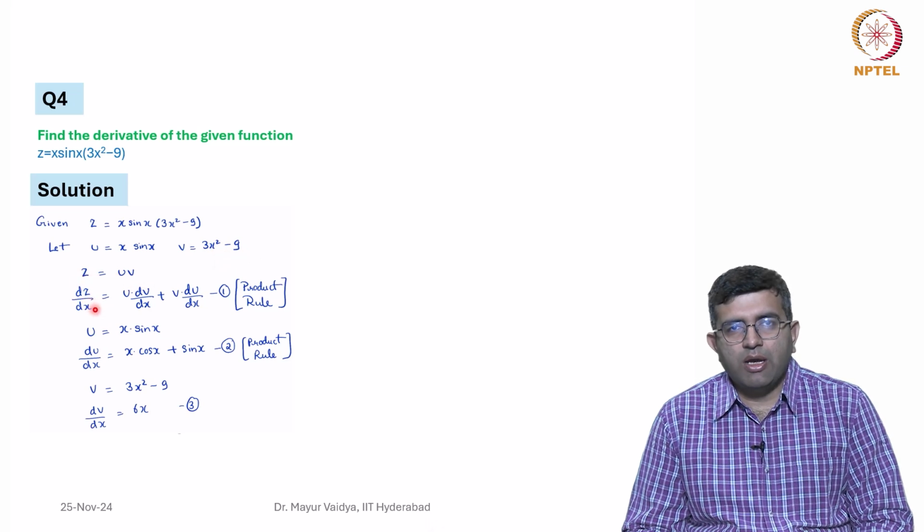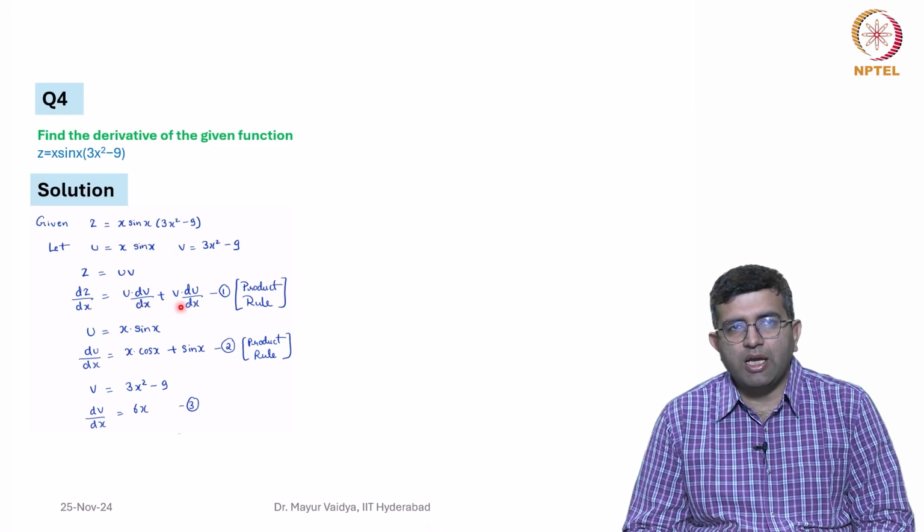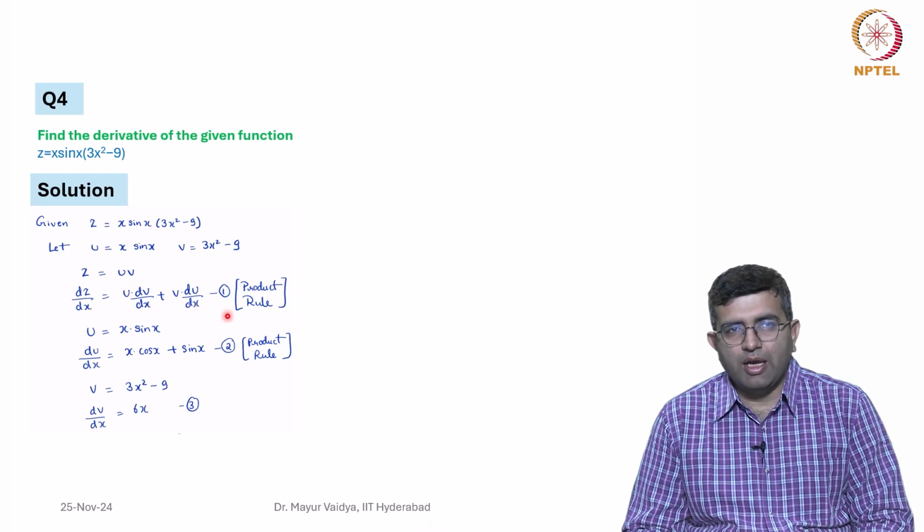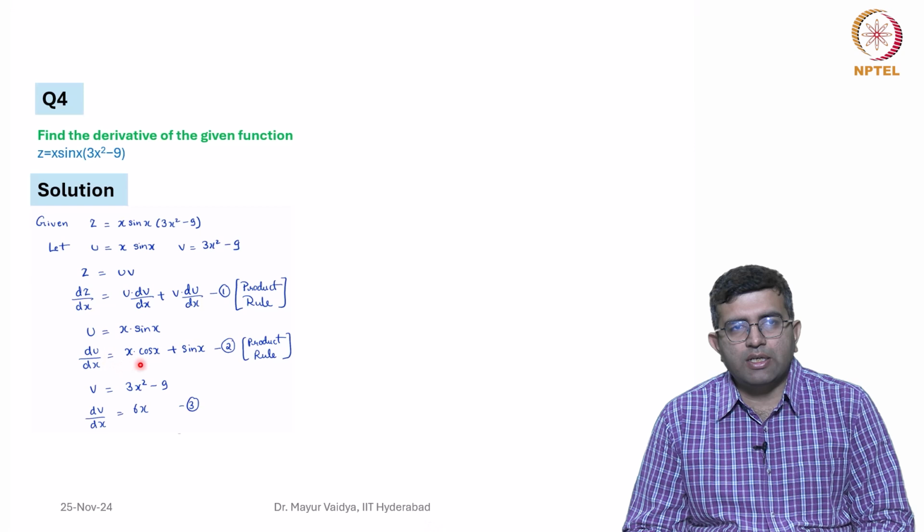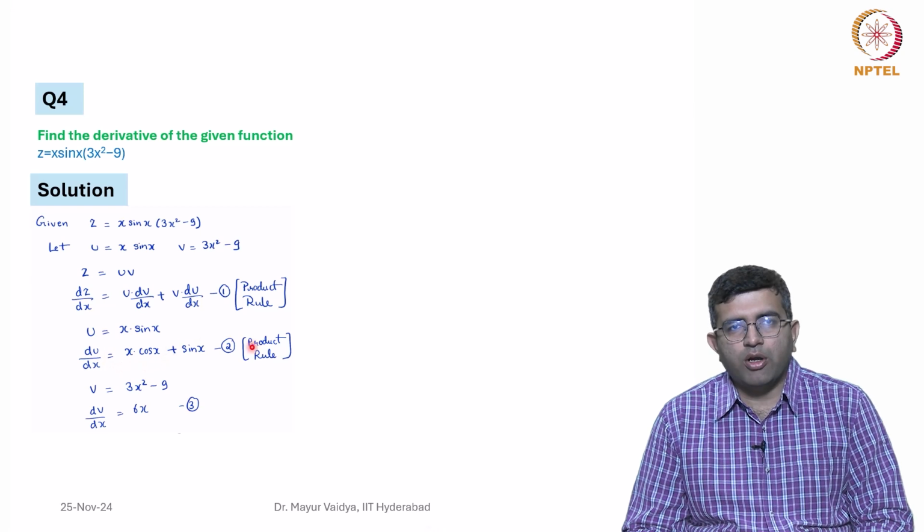So, dz by dx can be written as, remember u and v both are functions of x, you can apply the product rule: u times dv by dx plus v times du by dx. Now your u is x sin x, so for du by dx, again a product rule has to be applied: x times the differential of sine, which is cos, plus sin x times the differential of x, which is 1.